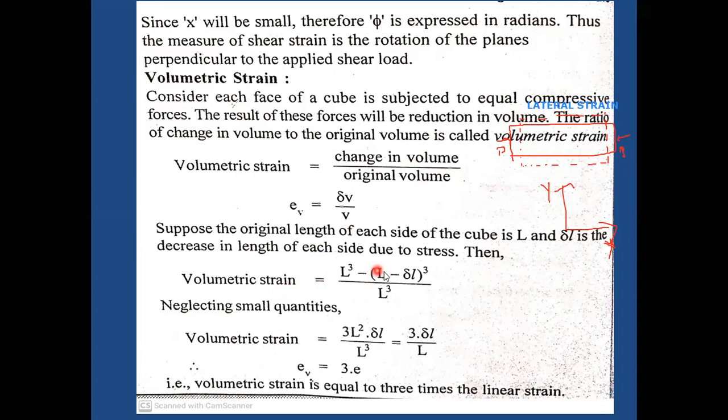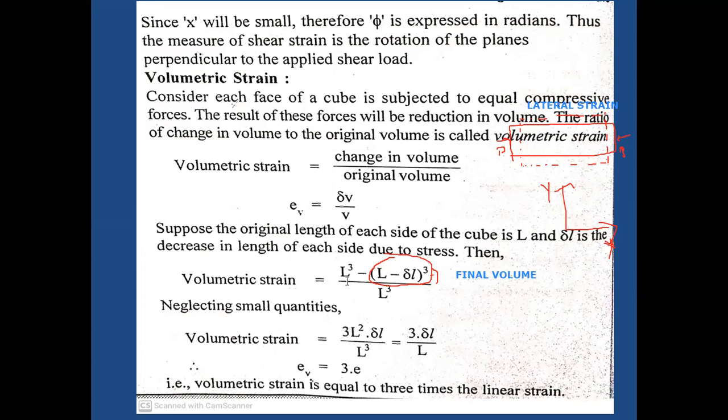So what is the change in volume? Change in volume is nothing but L cube minus (L minus delta L) cube, where delta L is the change in length. (L minus delta L) cube is the final volume.